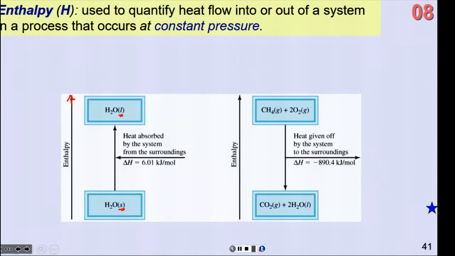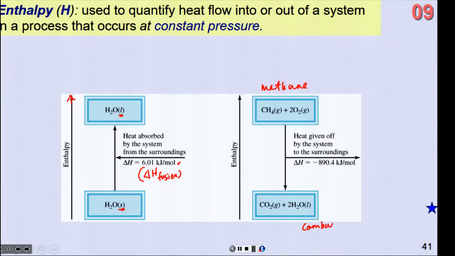We're melting the water. The other example on the right, let's just write it in. The other example is a process where we're taking methane, remember methane, with oxygen. And oh yeah, if we put methane and react it with oxygen and make CO2 and water, well, guess what? That's combustion again.